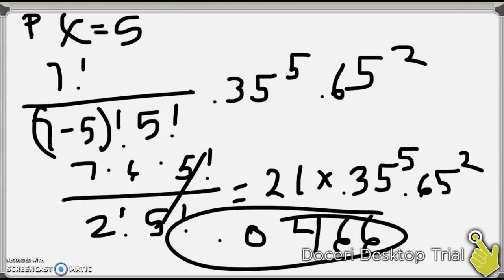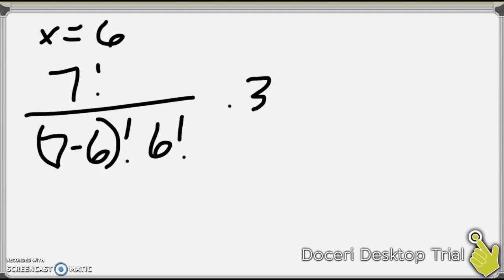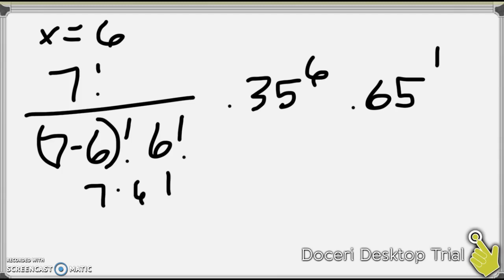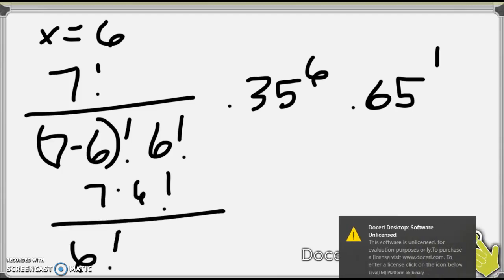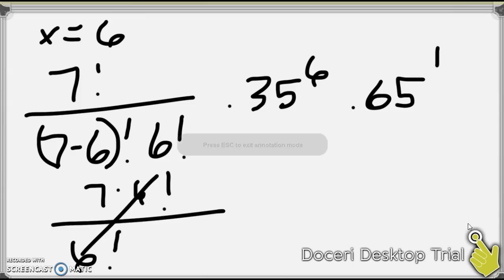Now we have to do the probability that x equals 6. So this time we need x to equal 6. So 7 factorial over 7 minus 6 factorial over 6 factorial, 0.35 to the 6th and 0.65 to the first. So 7 times 6 factorial over 6 factorial cancels out.